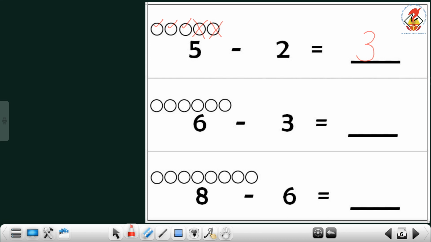The next question is 6 minus 3 equals. To find out the answer, we have to take away 3 from these 6. This you have to draw on top of 6. Here it is already drawn.